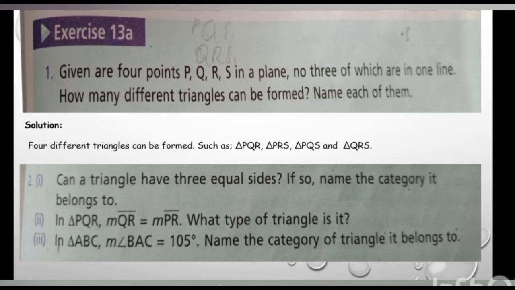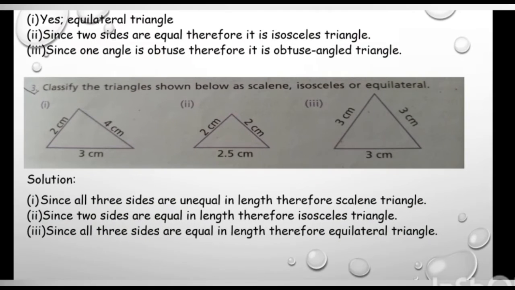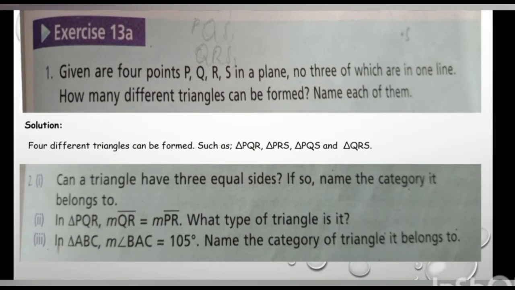Now see the answer of it. See part 1, the first line, okay? Yes, equilateral triangle, okay? So part 1 was, can a triangle have all 3 equal sides? So we said yes, a triangle can have 3 equal sides, and that's called an equilateral triangle, okay? Now read part 2.